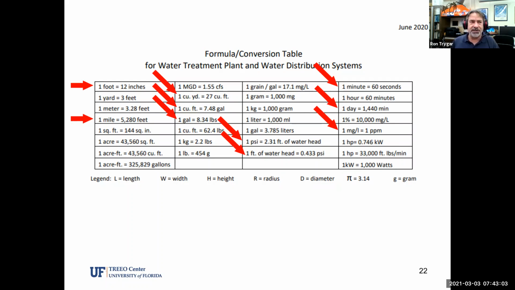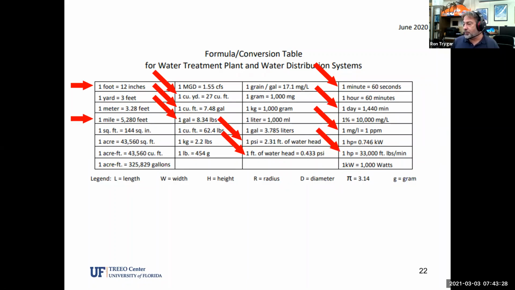So how does it go back and forth? Well, I'll describe that a little bit later, but essentially a milligram of something in a liter of water is the weight equivalent of a part of something in a million parts of water. So we'll discuss that a little bit later, but I just want you to know that they equal each other. So if somebody says a ppm and you say, well, what is that in milligrams per liter? You say it's the same thing.